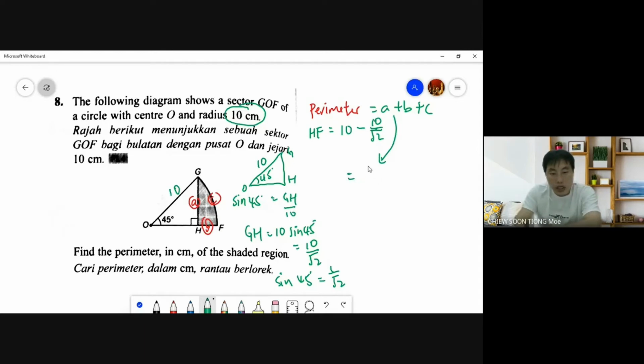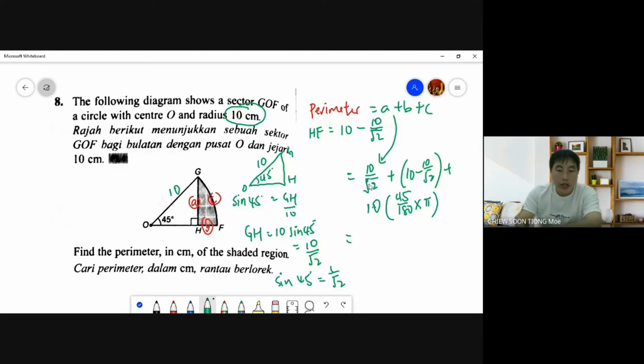A is 10 over square root 2 plus B is 10 minus 10 over square root 2. Okay, plus C. Okay, C is what? C you haven't got it. So C is R theta. R is 10. Theta is 45 divided by 180 times pi.